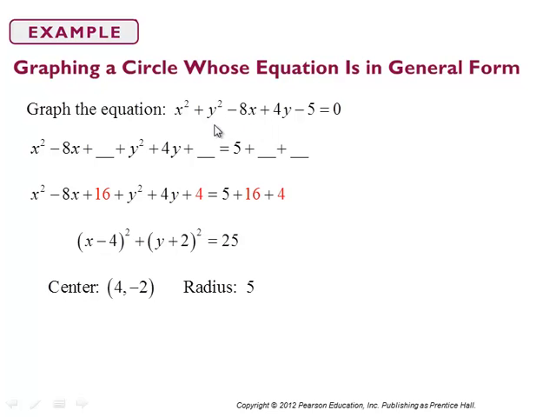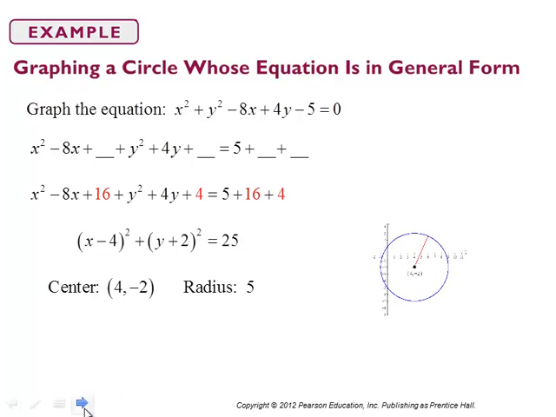So you got the x terms together, you got the y terms together, move this constant term to the right-hand side, complete the square for both the x terms and the y terms, and then factor as complete squares, and then you can quickly recognize your circle's equation in standard form, and then you can read off the center and the radius.